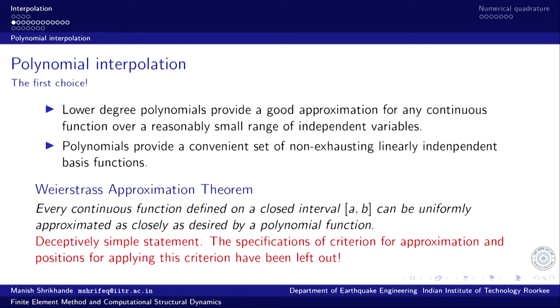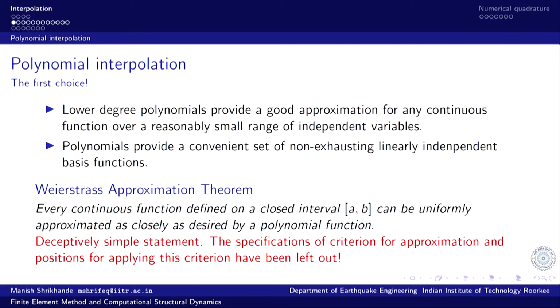This preference for polynomial interpolation is also supported by a very famous theorem, the Weierstrass approximation theorem. I will state that every continuous function defined on a closed interval between a and b can be uniformly approximated. Now, that is a very strong statement. It can be uniformly approximated as closely as desired by a polynomial function. I can choose a polynomial and approximate any function.